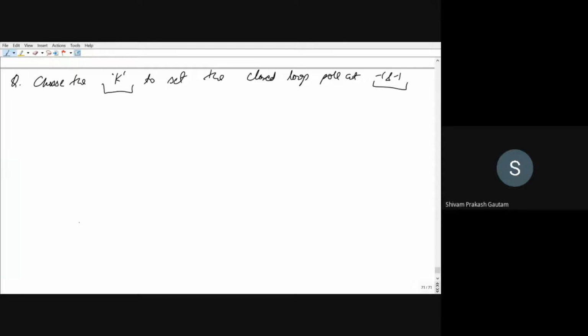The A matrix is provided as -1, -2, 1, and -0.4, the B matrix is 1 and -2, and the C matrix is 3 and 4. So you can see clearly A, B, and C are not in control canonical form, but still you have to set the value of k such that your poles are at -1 and -1.